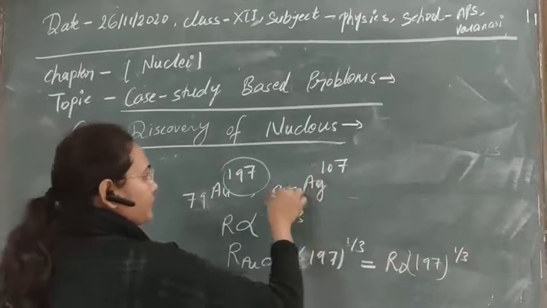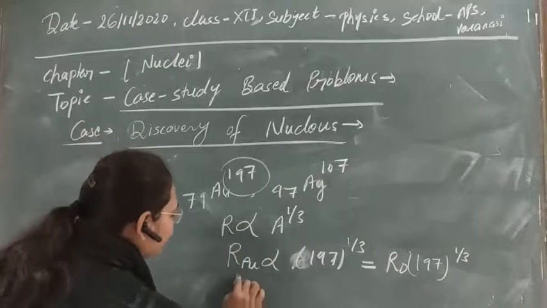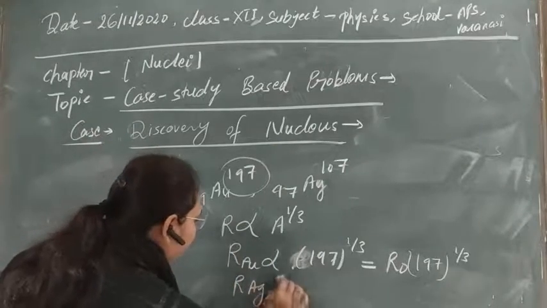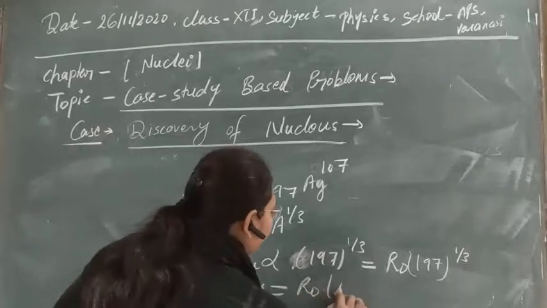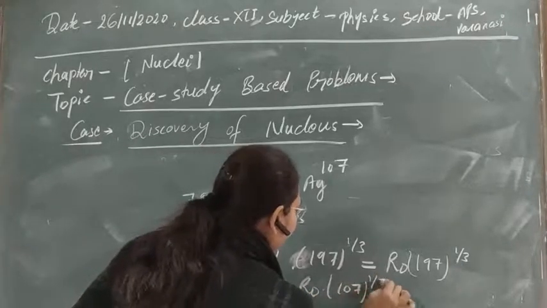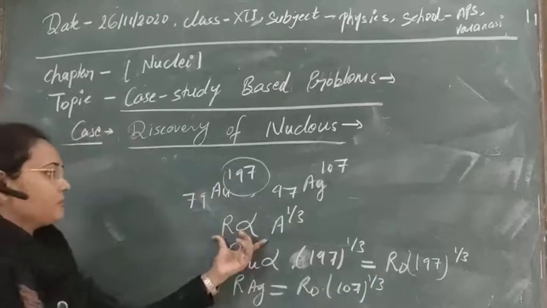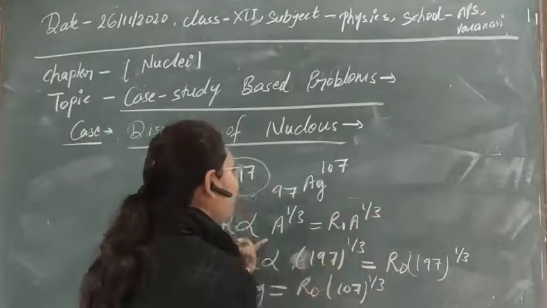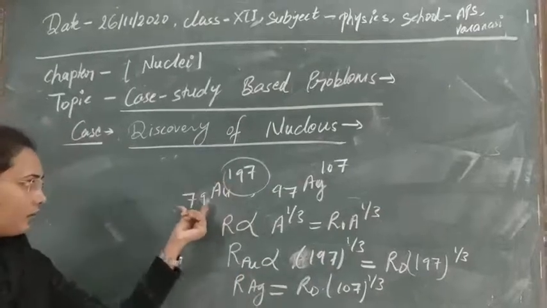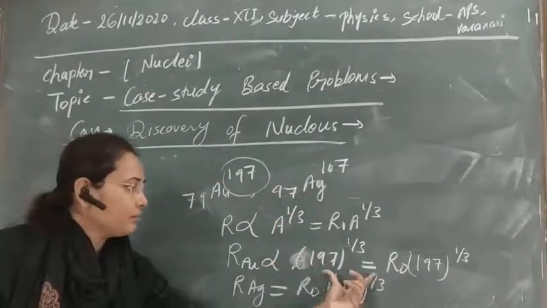And also for the silver isotope we can write R Ag equal to r0 times 107 power 1 by 3. So with the help of this formula we can easily solve for the radii of the nuclei of the gold isotope and the silver isotope in this way.